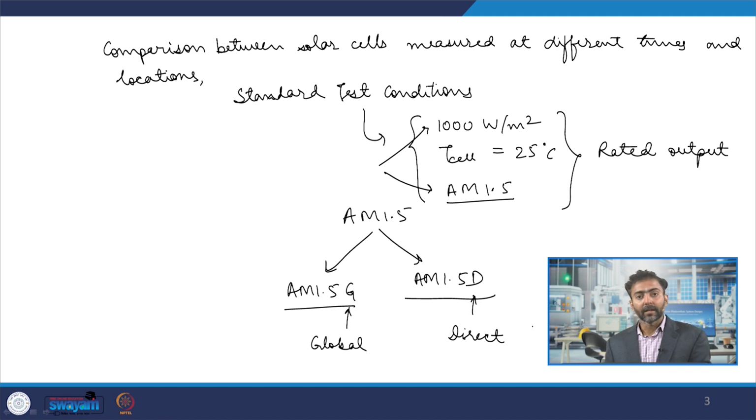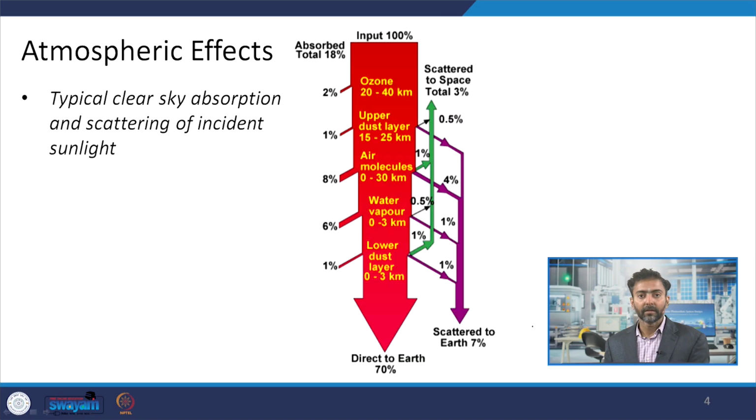Now, to understand the relationship between these two, AM 1.5G and AM 1.5D, we need to revisit this particular accounting of solar radiation intensity in the atmosphere.